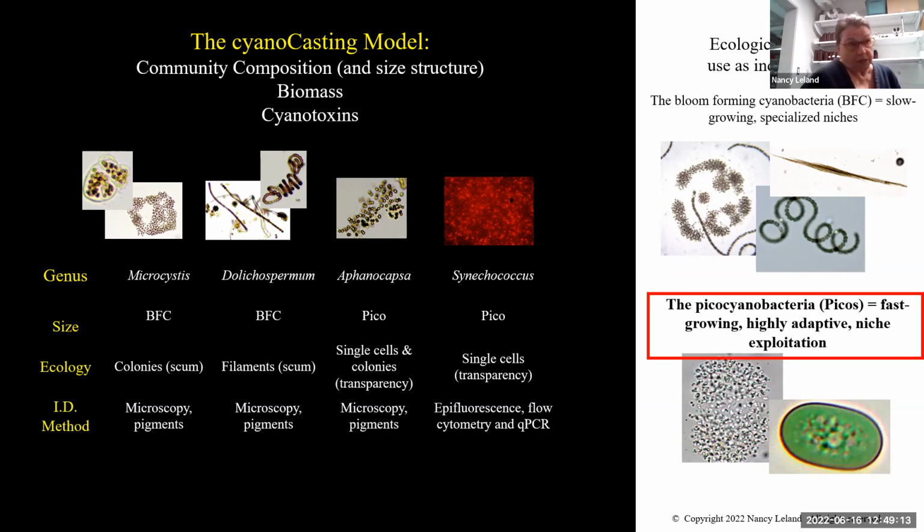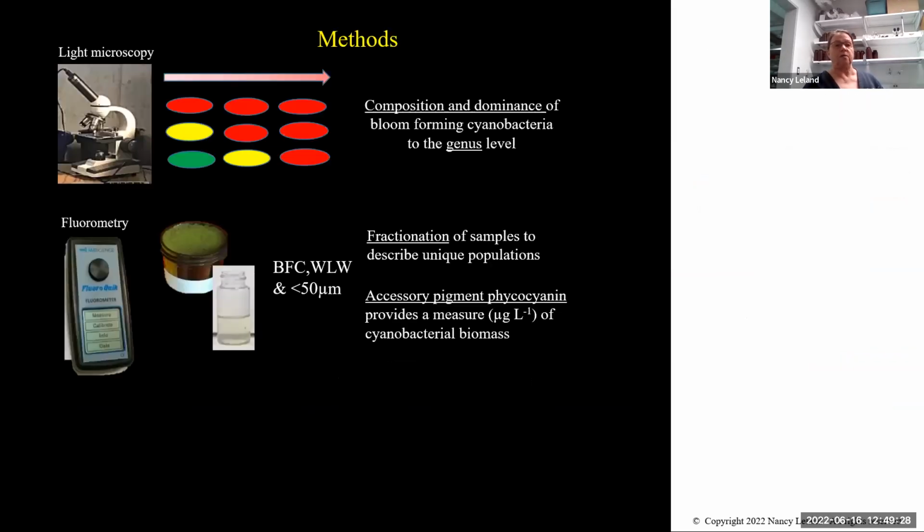So that's one of the reasons why we like working with picocyanobacteria, but they also present unique challenges. But it makes for very interesting study in science because things are happening so fast with this type of community.